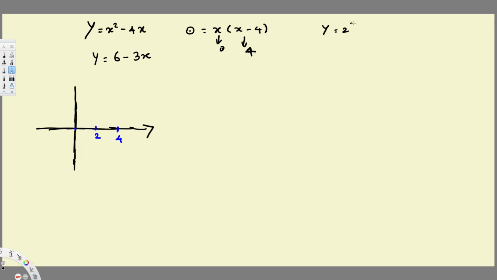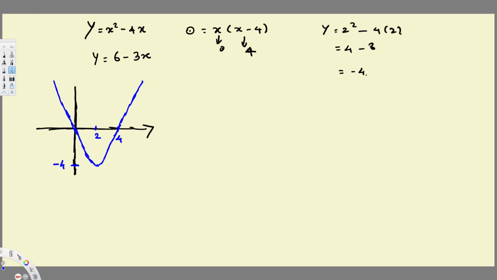So y is equal to 2 square minus 4 times 2. So this is going to be 4 minus 8, which is negative 4. So the y value at 2 is going to be negative 4. So here we are going to have negative 4 right here. So the graph is going to look like this. This is going to be our parabola.